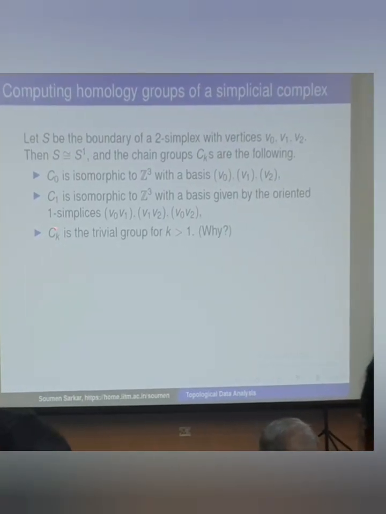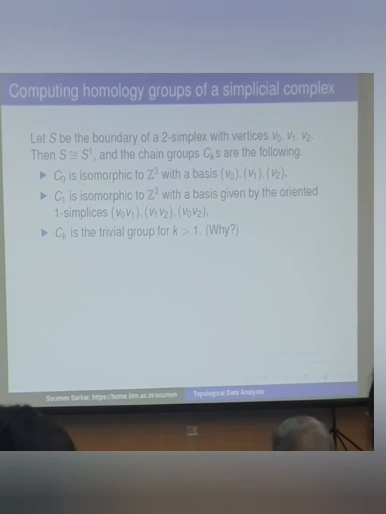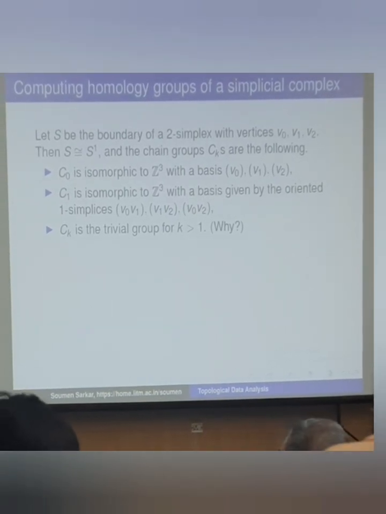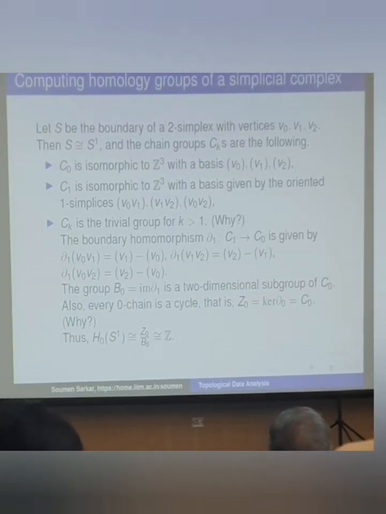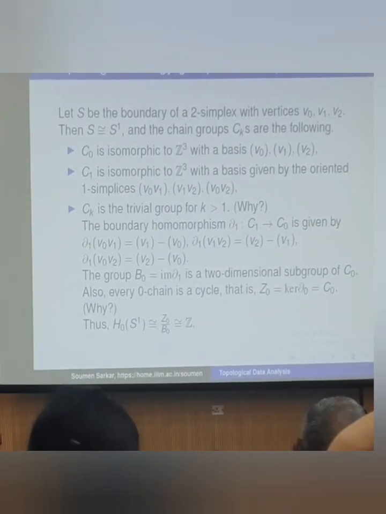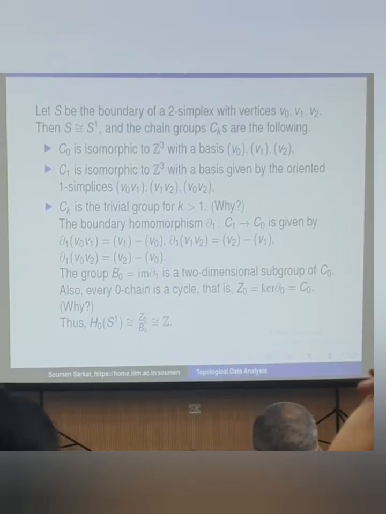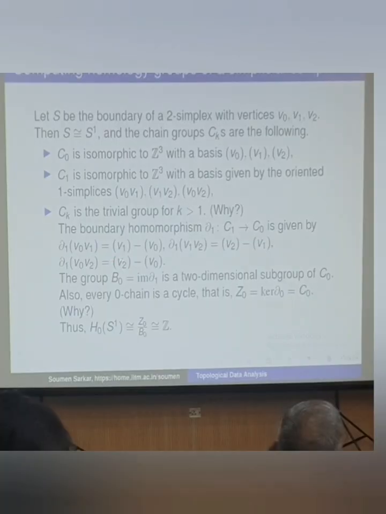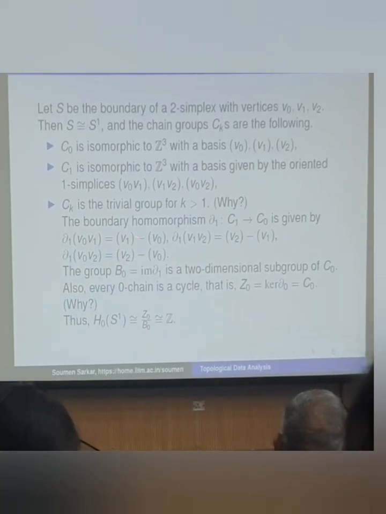Why is this trivial, why is this 0? Because in the boundary of the triangle there are no other higher dimensional simplices. So the chain complex automatically becomes 0. So the boundary map, if we just know this map very well, then we can get it. So what is this? By definition, okay, now the question is what it has to be, whether V1 plus V2 or minus.